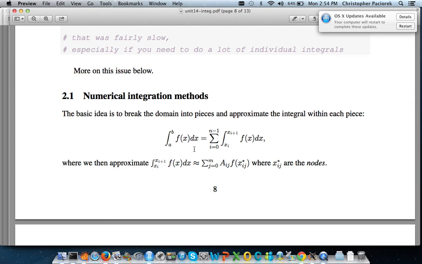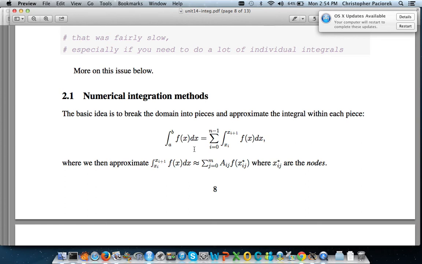Some notation that people use when doing this is they'll write out the little piecewise integral between x at i and x at i plus 1, for any one of these little regions here.